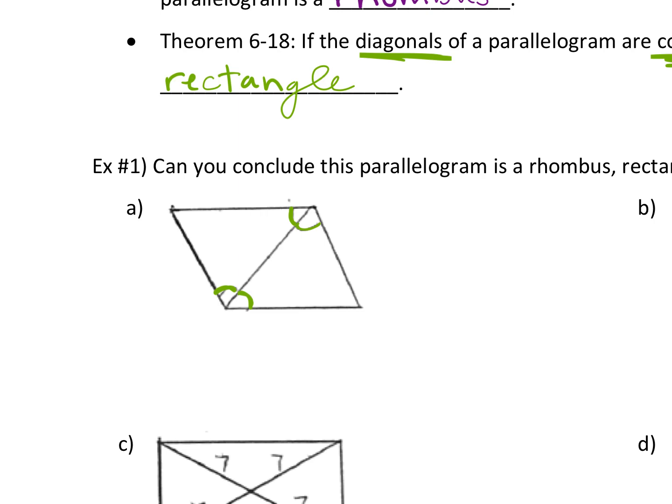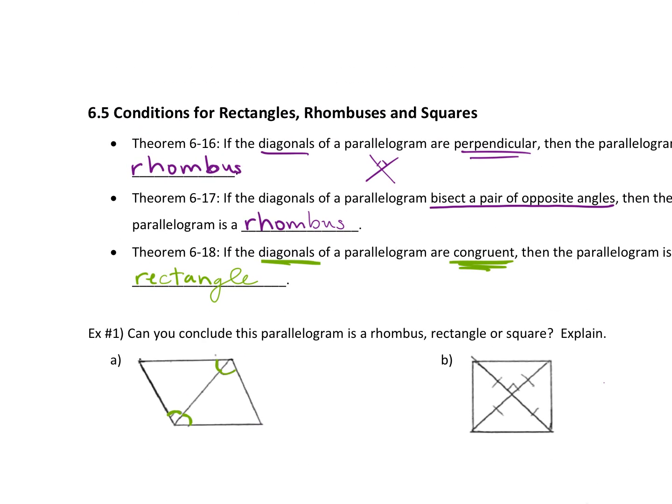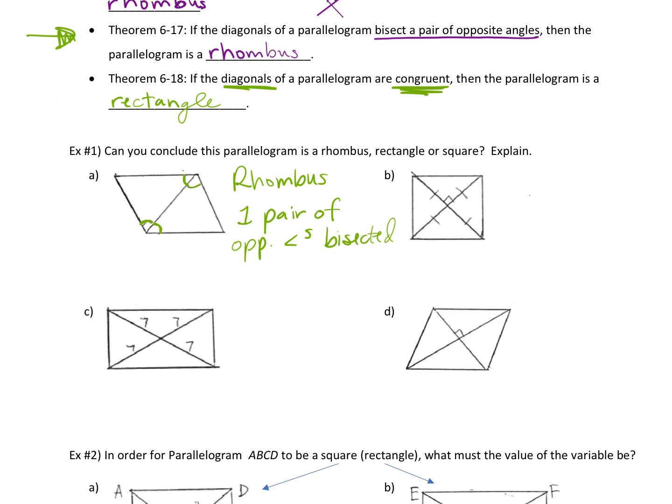One pair of diagonals gets bisected, right? That's this one. A pair of opposite angles are bisected. So this would be a rhombus, because it has one pair of opposite angles bisected.